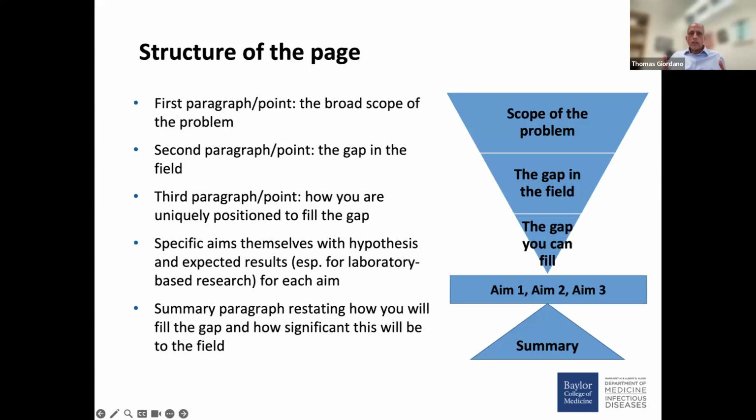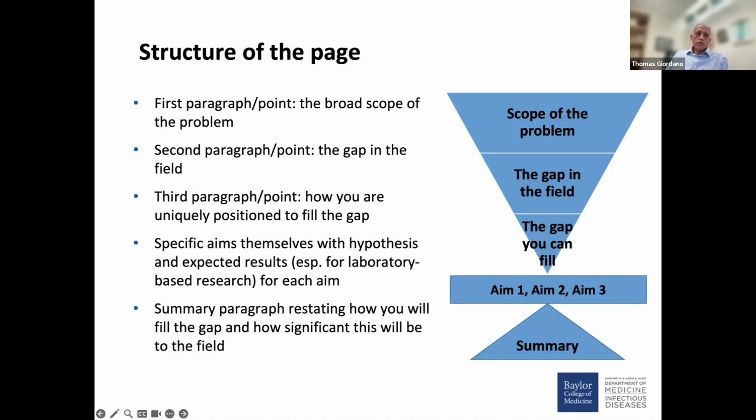The ideal aims page has a very formulaic structure to it. And you can vary this based on emphasis and how much space you give to any one of these pieces. But the aims page has to have some elements that, if you don't have them, they're going to notice and they're going to criticize your application. So the very first point you have to make, and sometimes it's a full paragraph and sometimes it's just a couple lines, is the broad scope of the problem.